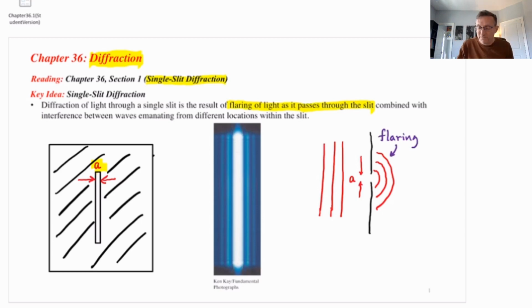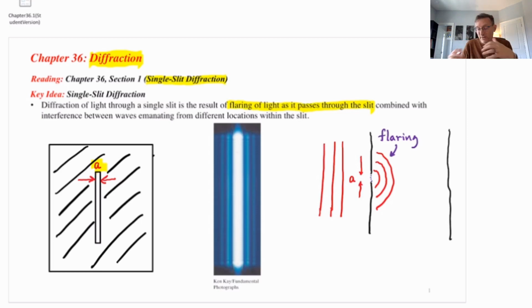The other part of diffraction is that over the front of the slit, if you imagine having a whole bunch of those little point sources of spherical wavelets, each producing their own wavelet going outward, then over here on the right, if you've got some viewing screen, you can get interference of those wavelets.